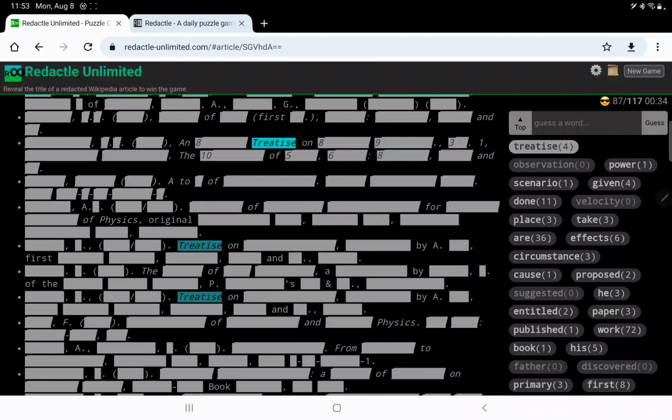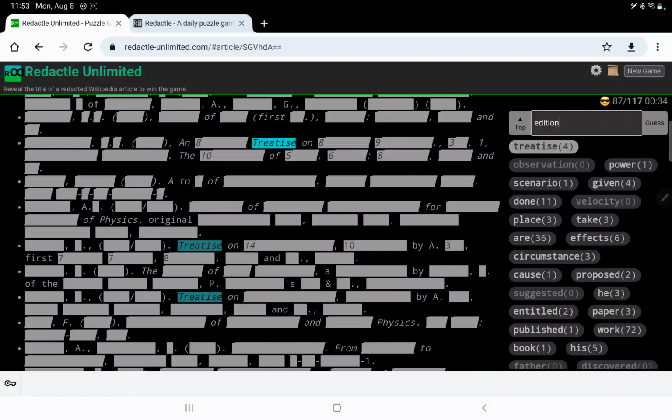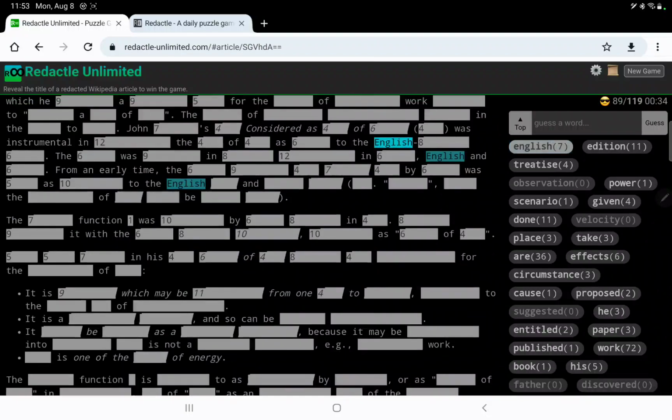The 10 of 5, treatise on something by A, and then he has a very short, or she has a very short last name. First 7/7, first edition, first English edition. Let's look at our Englishes.